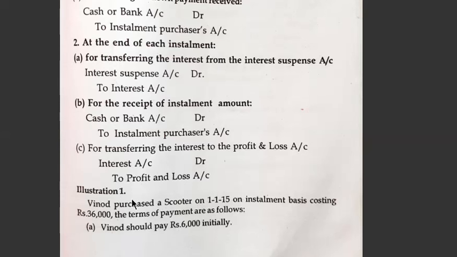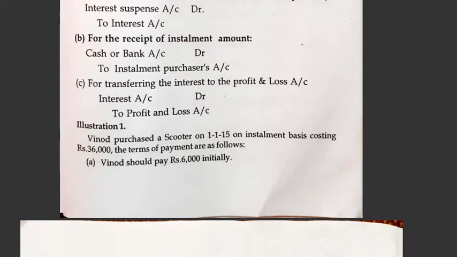Now let us see the first problem. The interest calculation will be the same as in the hire purchase system. In hire purchase we have four cases, and here in installment purchase there will also be four cases. Now the first problem: a person purchased a scooter on 1/1/15 on installment basis costing 36,000.